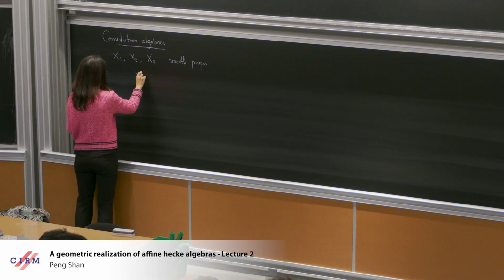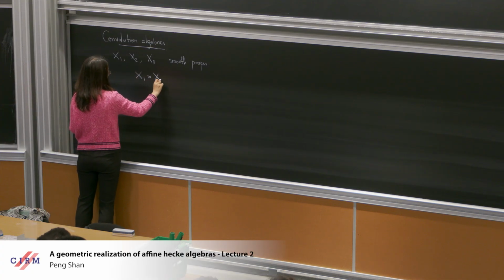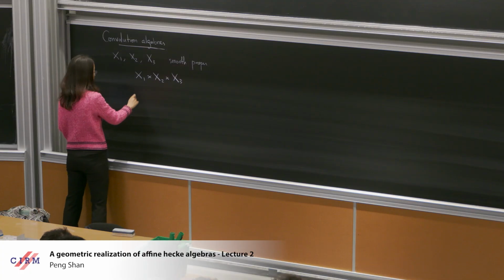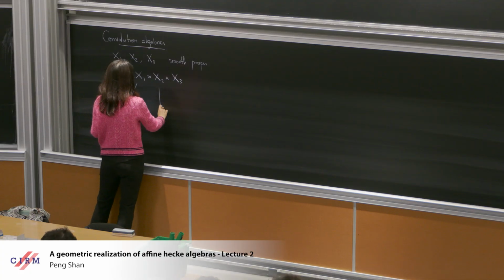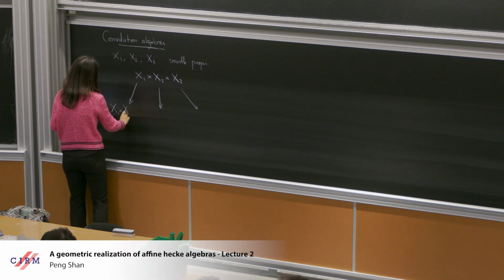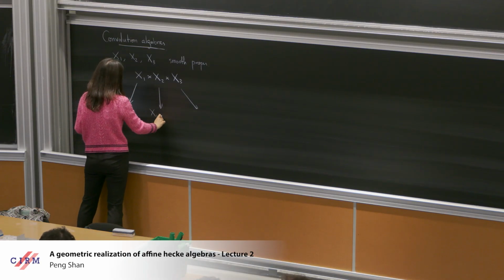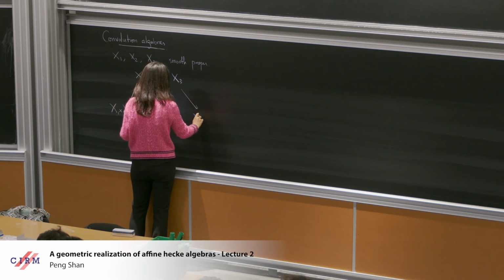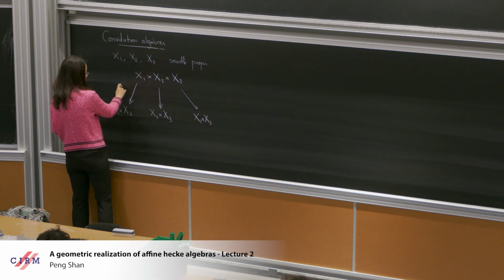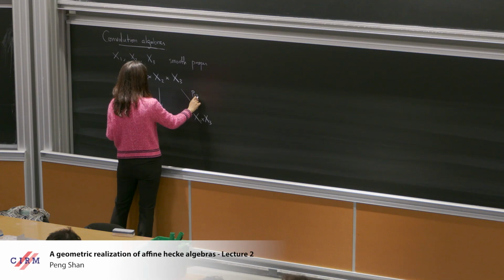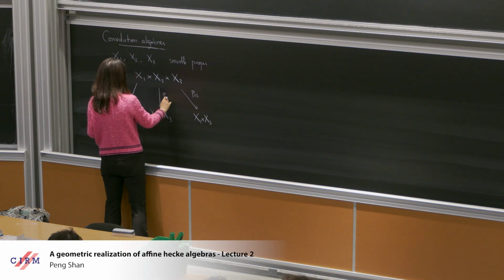Then you have the product of the three, and you have three projections: to the first two factors, to the first and the third, and to the last two copies. Let's denote these projection maps by P12, P23, and P13.